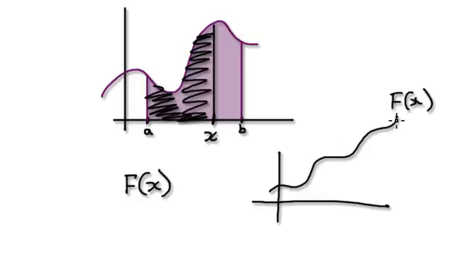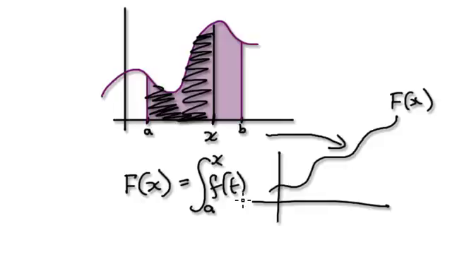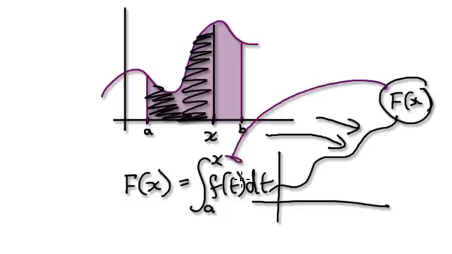And then the thing is, when you differentiate this line graph, it will give you back the integral f of t dt, this thing here. We will try and understand why in the next video.